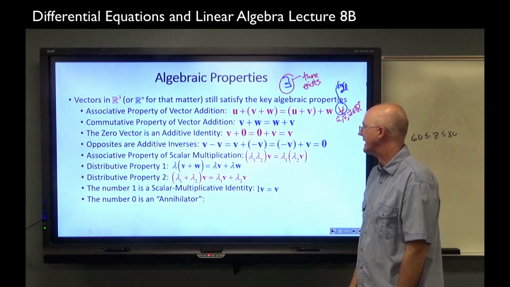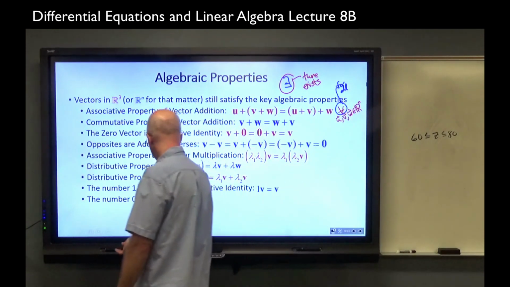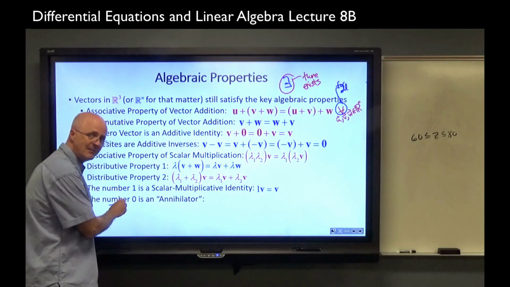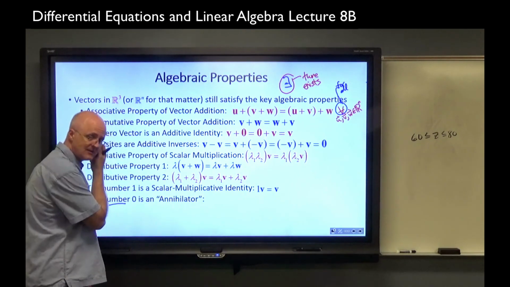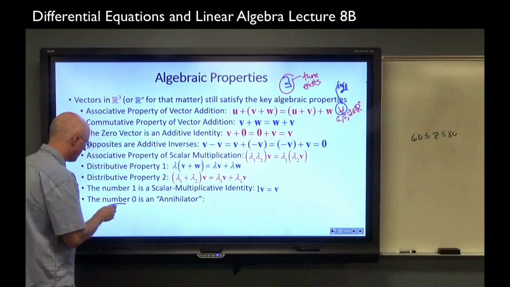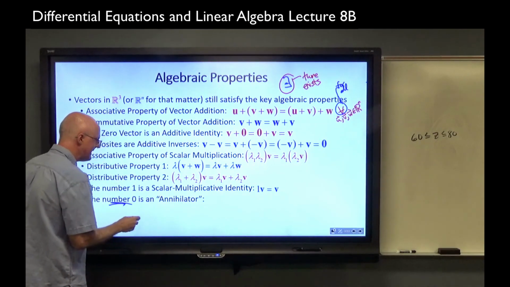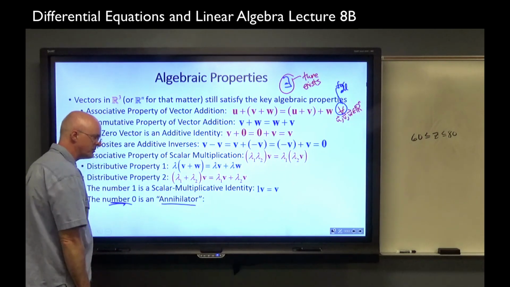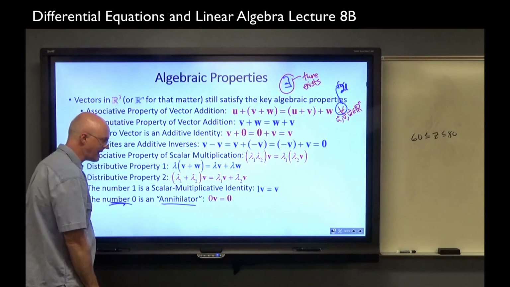The number 0, that's the number 0, not the vector 0. Though I did mention you can think of numbers as vectors, one-dimensional vectors. But, okay, don't worry about that. The number 0 is an annihilator. What does that mean? Multiplied times any vector, you get the 0 vector.